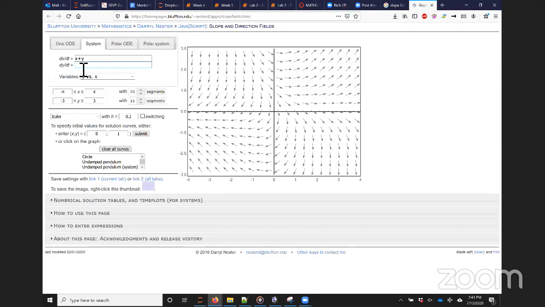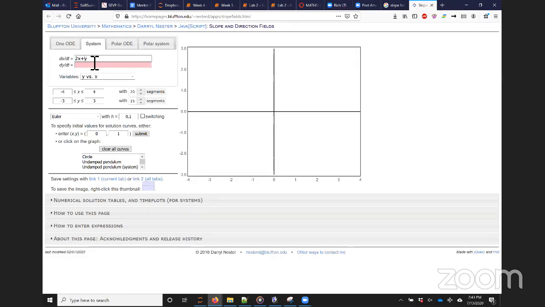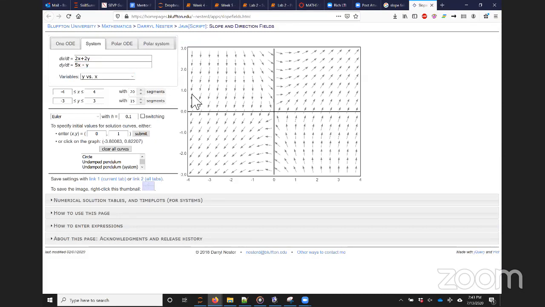So if you want to take a look at what we just did, 2x1, 2x2, 5, x minus y. And there you go. You can see all these dynamics that we were talking about. You can see that it asymptotes to one thing, and we have this kind of nice curvature that we expect as well.